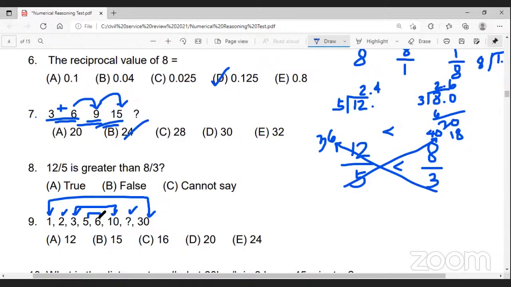What's the pattern? They all have the same what? Five and 6, 3 and 10, 1 and 30. Pair it. What did you observe? Unmute, please.